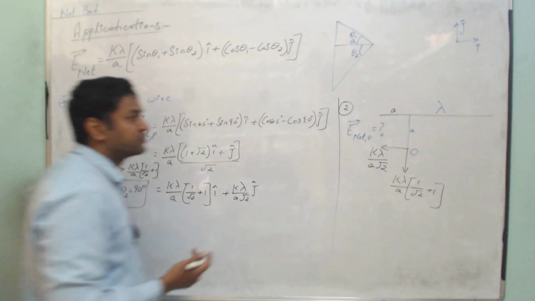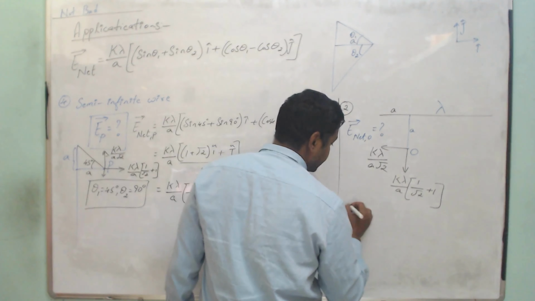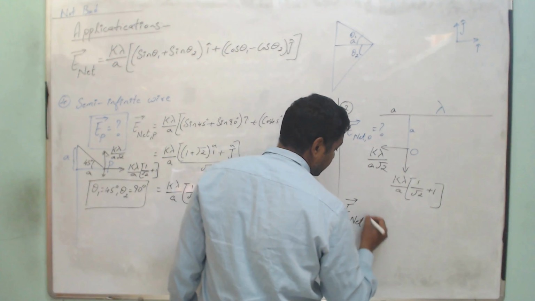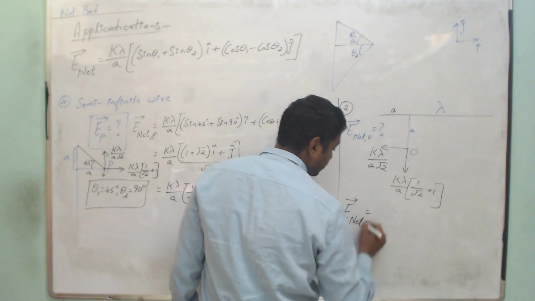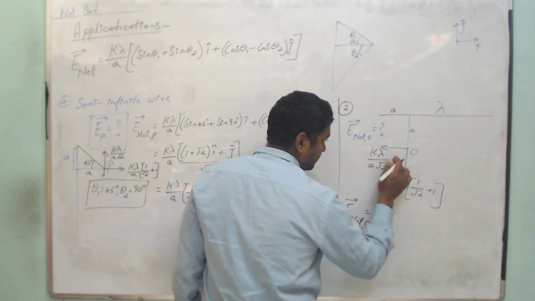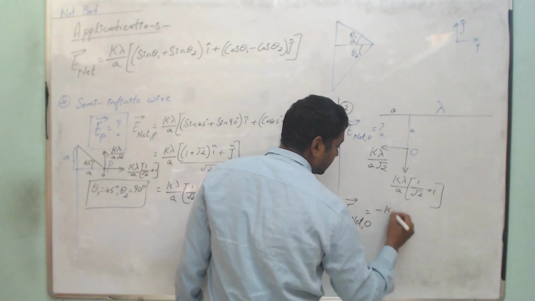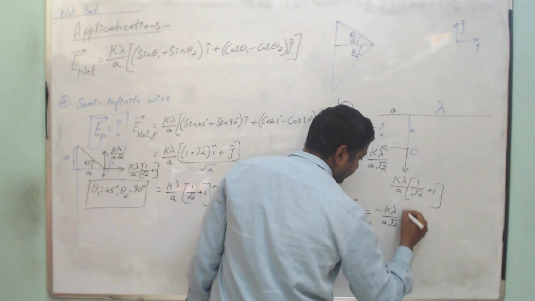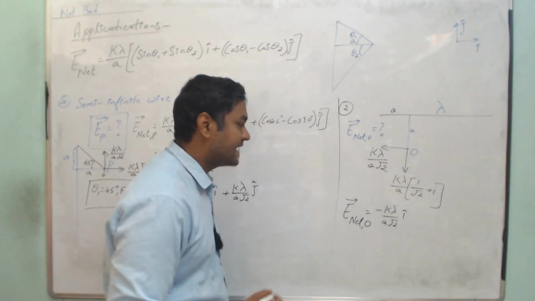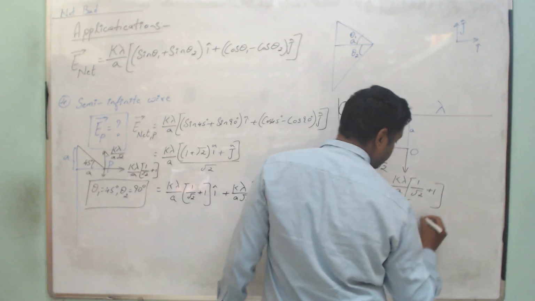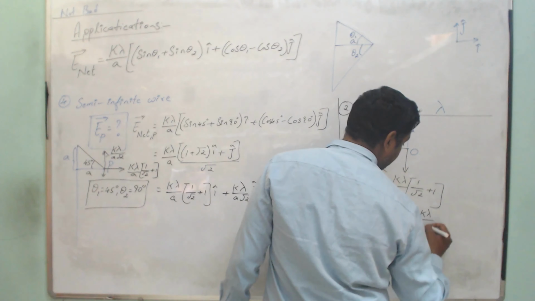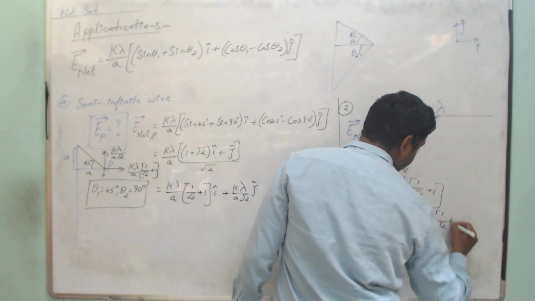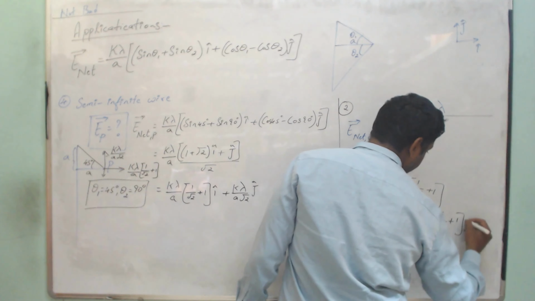Yes, sir. So my resultant electric field, E bar net, at point O I can write as minus k lambda by a root 2 I cap and minus k lambda by a j cap.